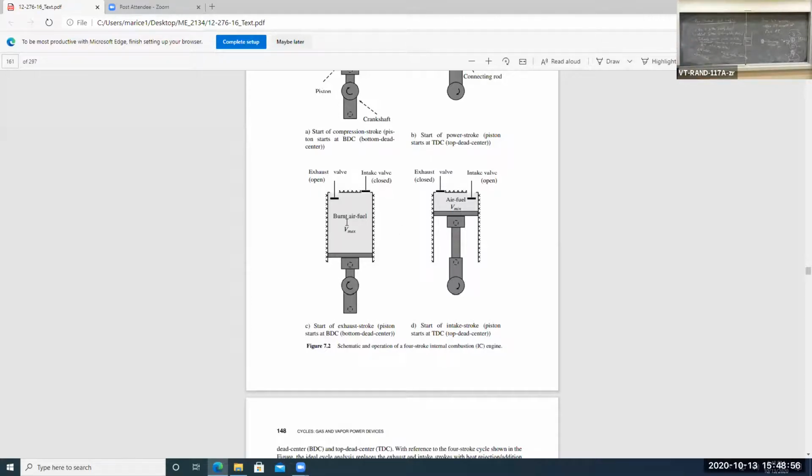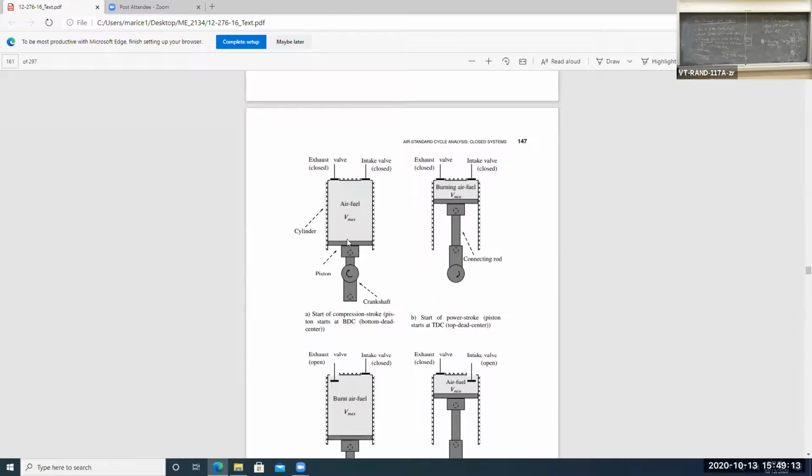And then the exhaust valve closes, an intake valve opens up, the piston moves downward, pulling in fresh unburnt air-fuel mixture, and then we end up back here at state 1, ready to repeat the cycle, okay?